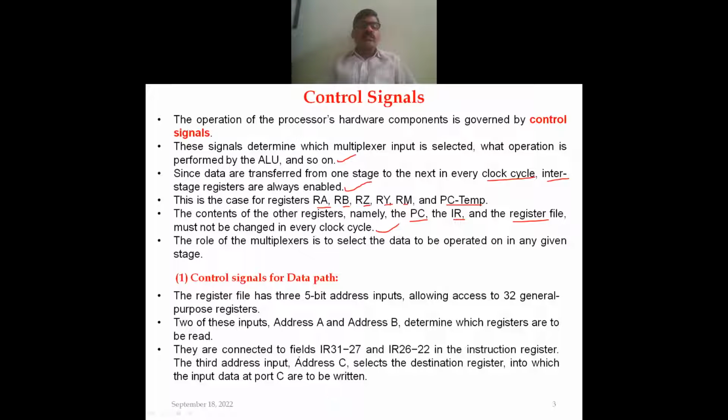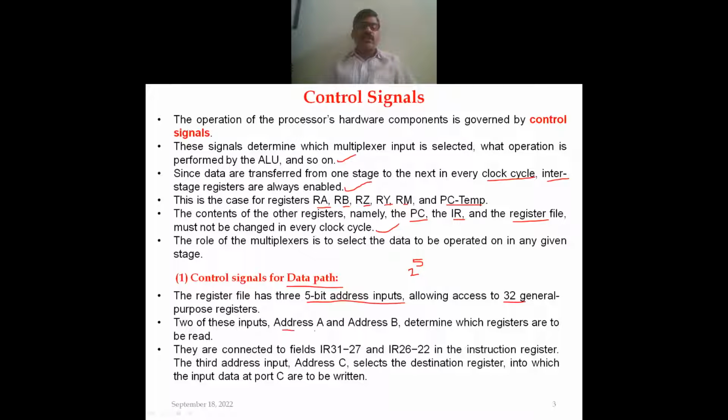Fine. So what are the different control signals used for the data path? In the data path, the register file has three 5-bit address inputs, allowing access to 32 general purpose registers, because 2 power 5 is 32.